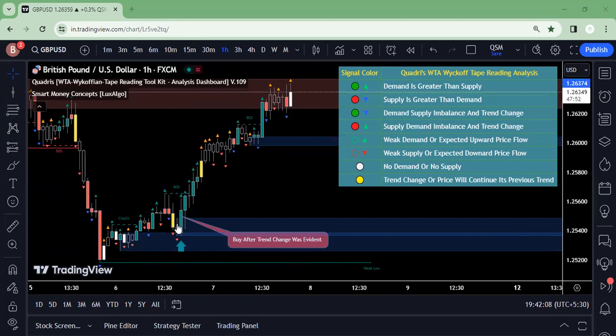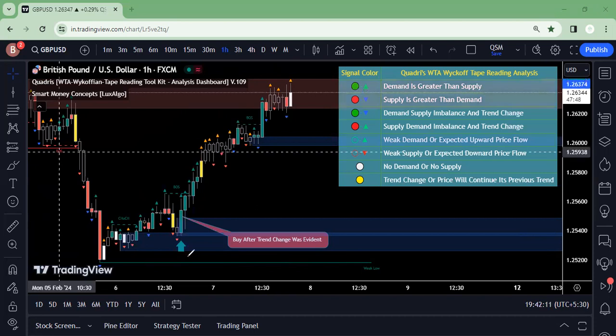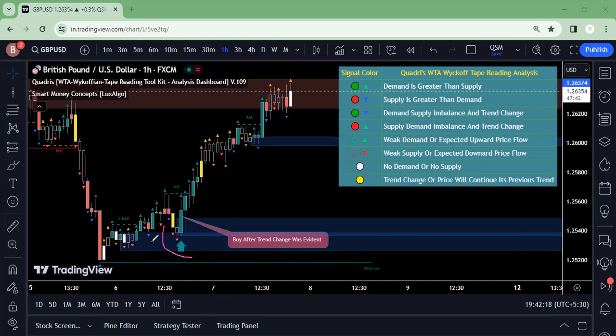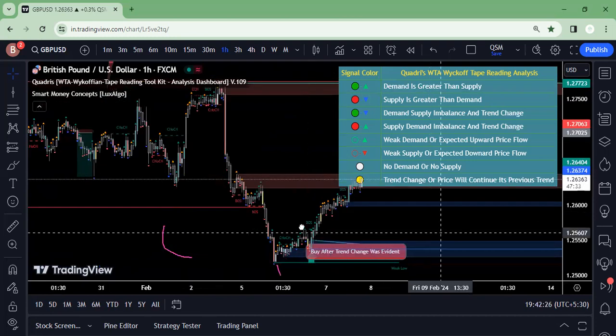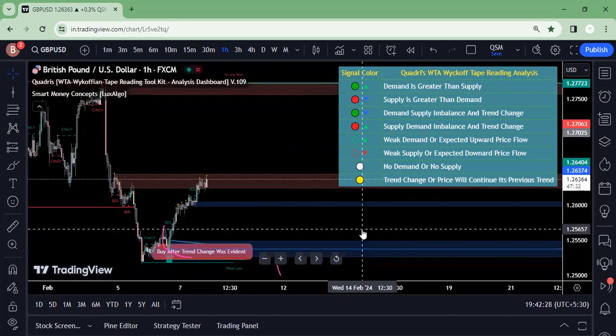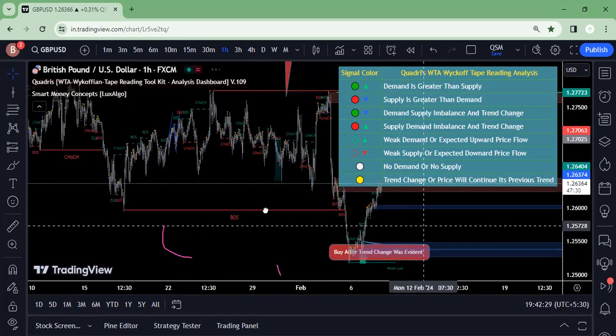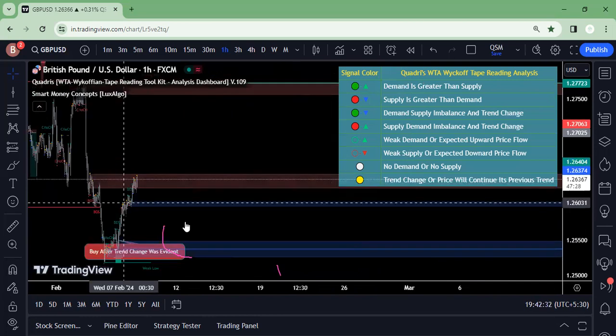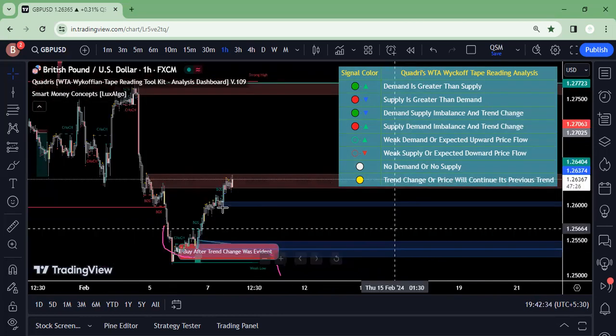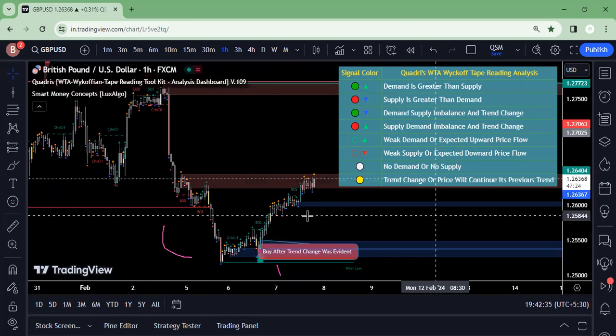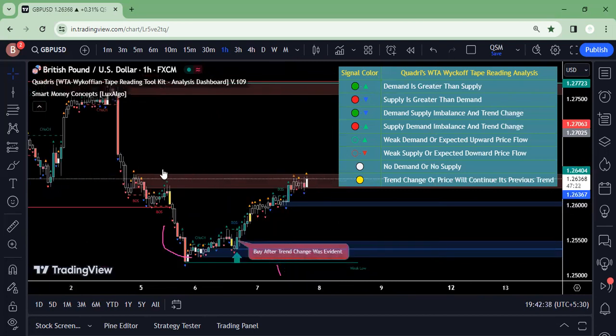Okay, so you can see if this is a demand zone and this is the weekly low. We'll consider it as a demand zone for the sake of discussion, without wasting any time.